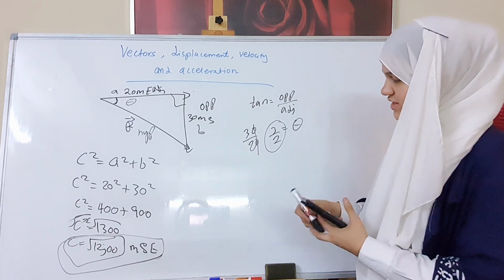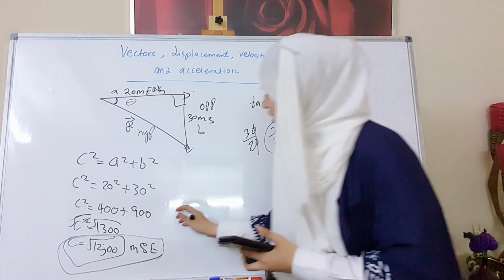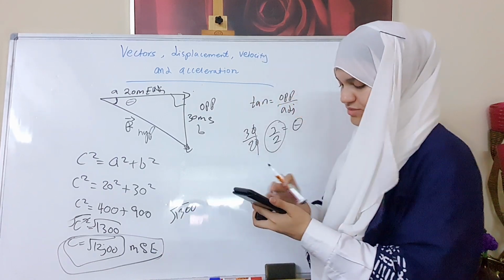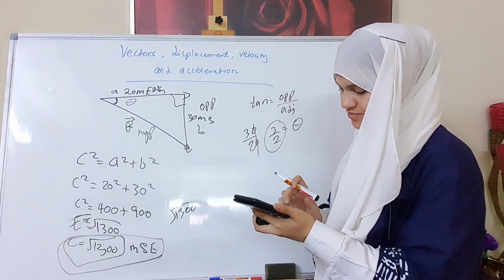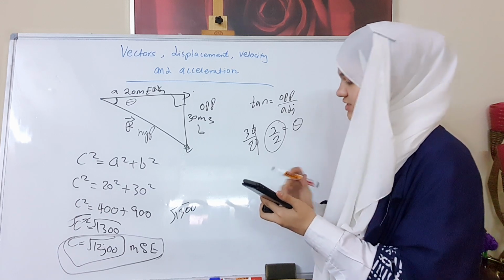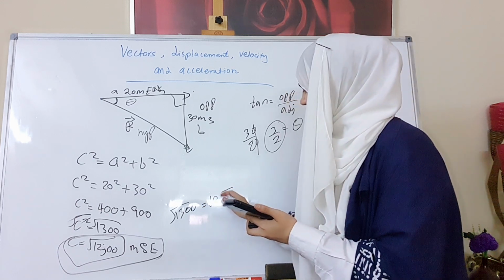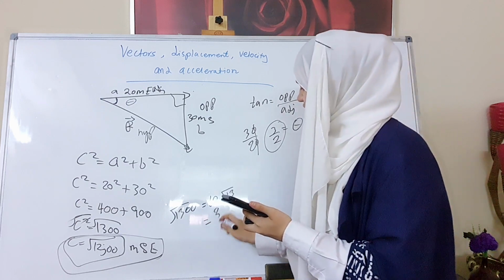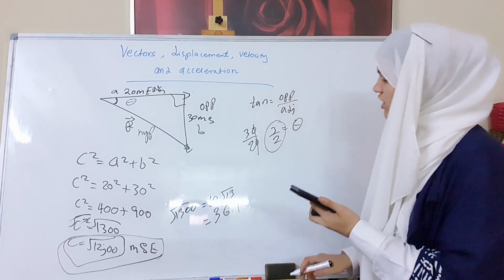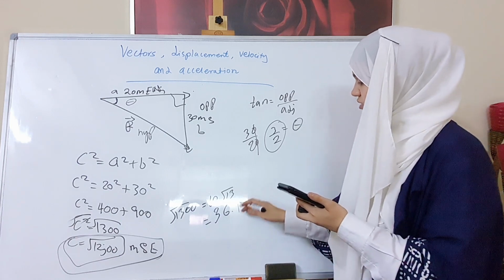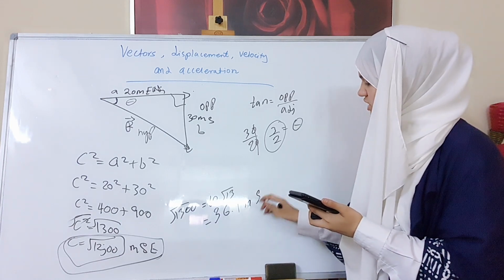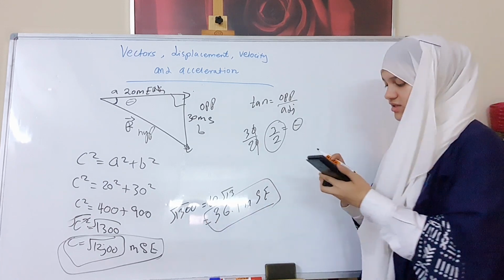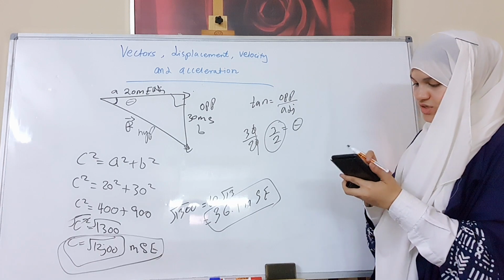By using the calculator right now, first of all, what we were having here, c, which is equal to radical 1300, right? So that means it will be 10 radical 13, or by this one to be 36.1 meters southeast. But here for theta, what we already have is 3 over 2.